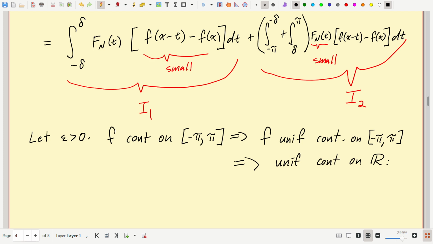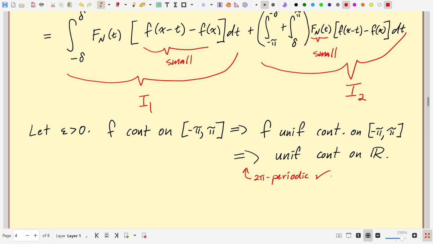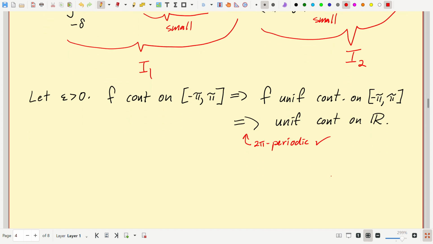If you're continuous on a closed compact interval like that, then you're uniformly continuous on that closed interval. Okay, so this implication is because of 2 pi periodicity. Now that's where I'm going to get my delta from.